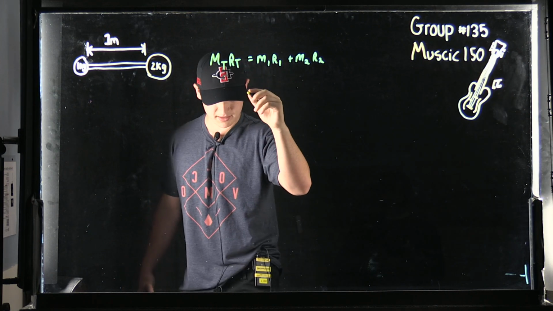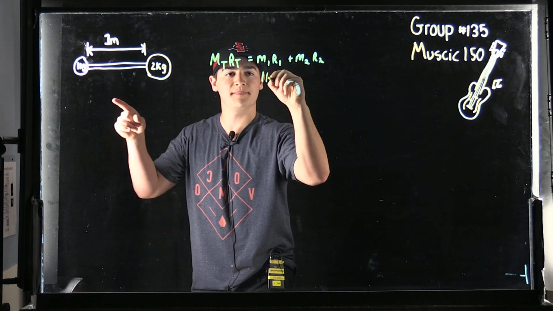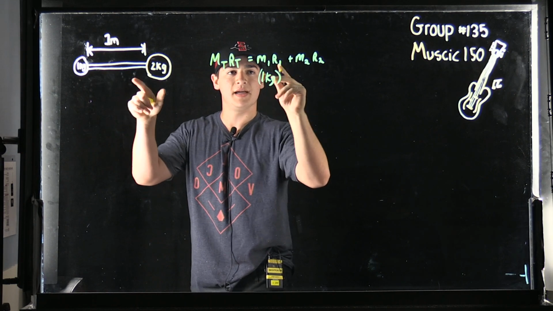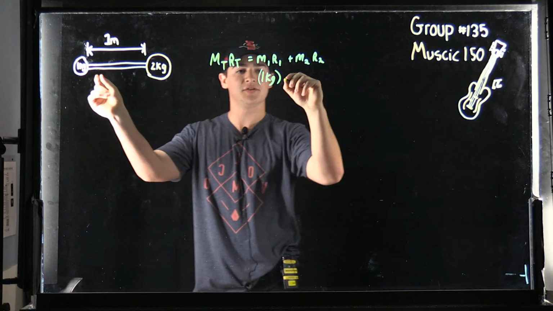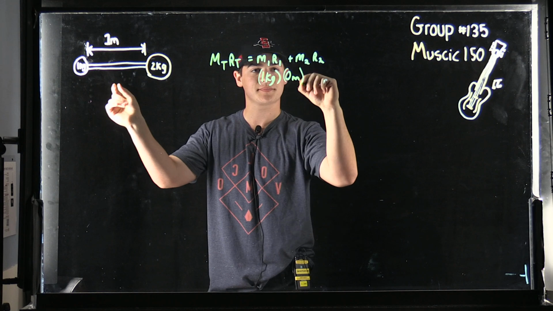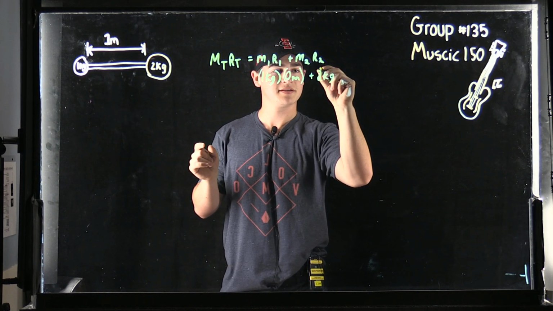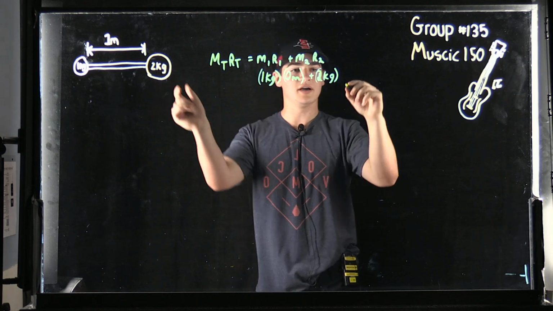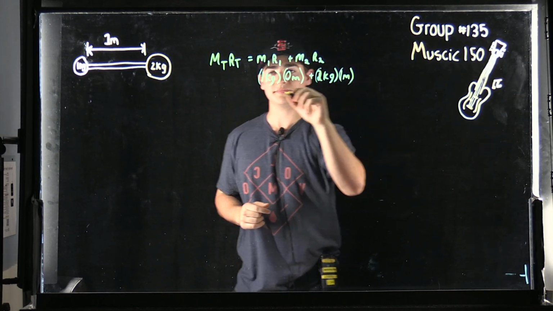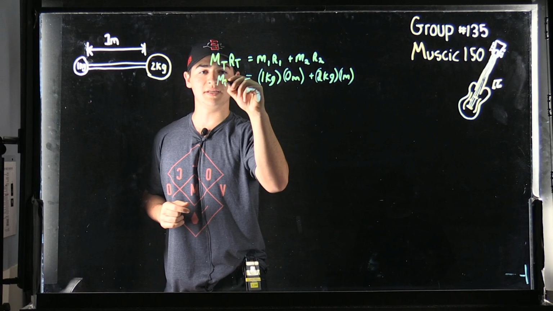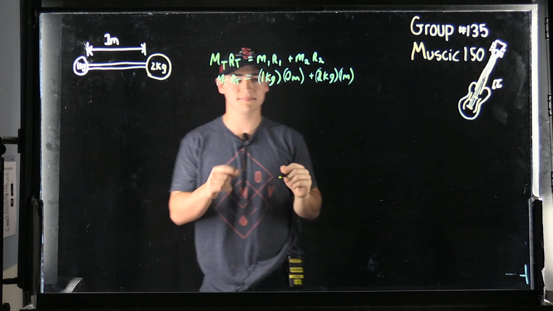So let's take 1 kilogram, and let's make this the 0 point. So it'll be 0 meters. And then this will be 2 kilograms, and that's going to be a 1 meter distance. And this is going to equal, like I said, mTRT.